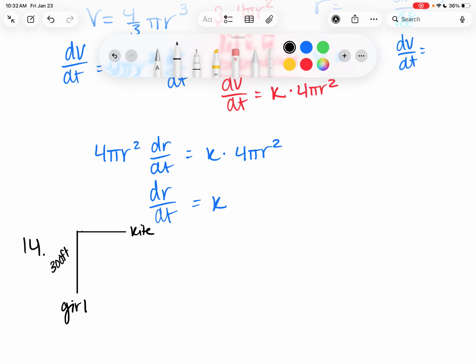The wind carrying the kite horizontally away at a rate of 25 feet per second. How fast must she let out the string when the kite is 500 feet away from her? So this value here, the hypotenuse value, is 500 feet.